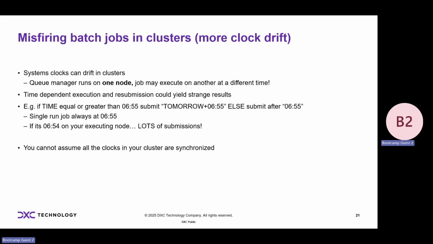And if it's aimed on that system, it will think it's running at that time, but the queue manager will actually keep firing it based on its time. So you've really got to make sure that all your clocks inside a cluster are synchronized. I had this job that ran about 20 times. I really couldn't figure it out until I found out there was a few seconds drift.